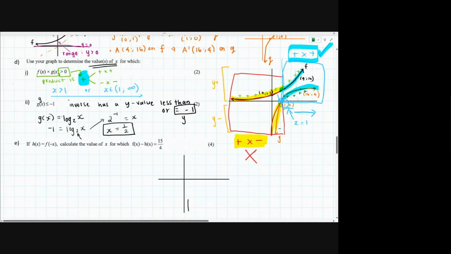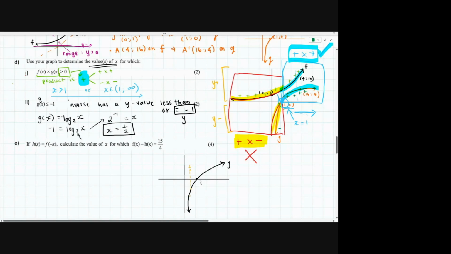So here's my inverse function. Why the inverse function? Because it was talking about g, so that's what I care about. There's my x coordinate at 1. Cool. What I have just determined is that x is at 1/2.